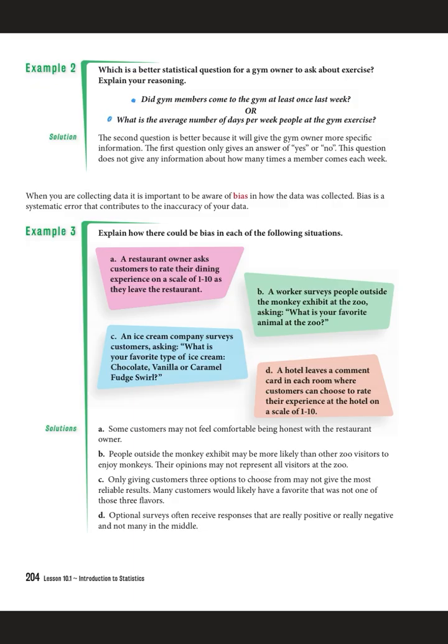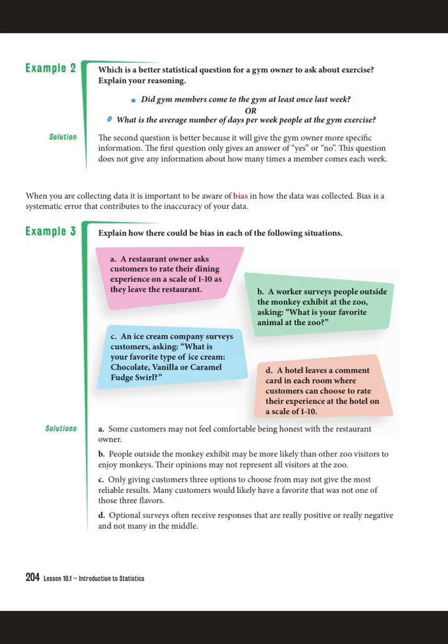So the solution: again, the question asks us which is a better statistical question, the first one or the second one. The solution is the second question is better because it will give the gym owners more specific information. The first question will only give you an answer of yes or no. This question does not give any information about how many times a member comes each week.